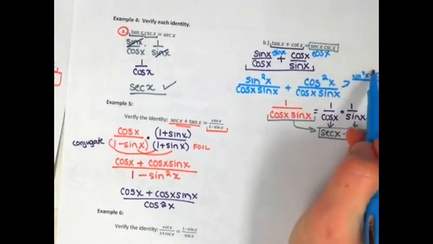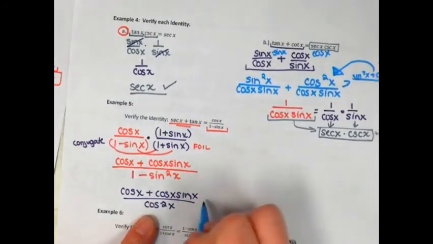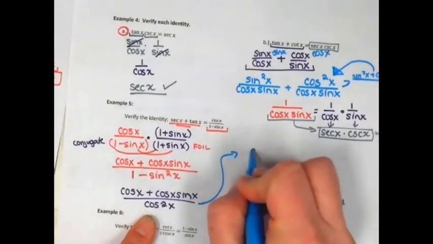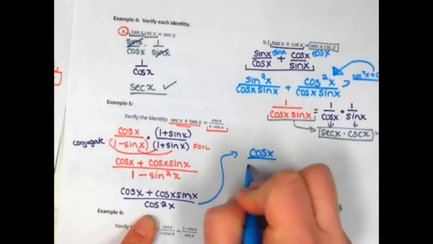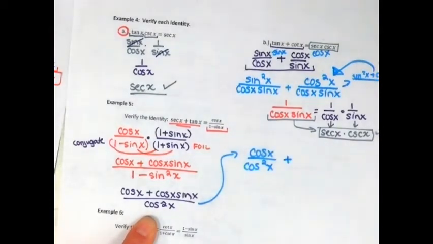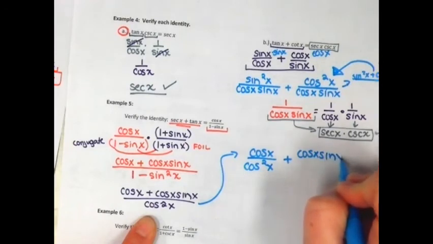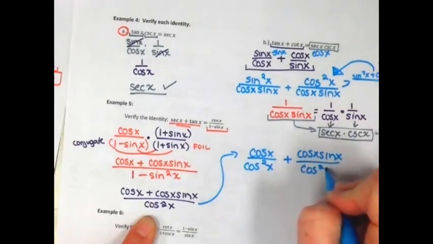Can I go from this back to the two fractions? Could I take this and make two fractions from it? Yes. Wouldn't that be the same thing as cosine x over cosine squared x plus cosine x sine x over cosine squared x?